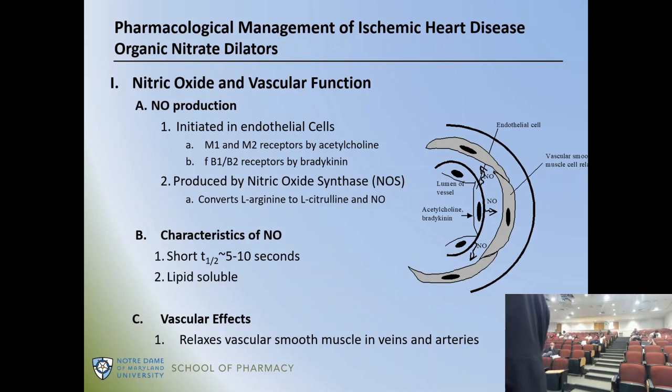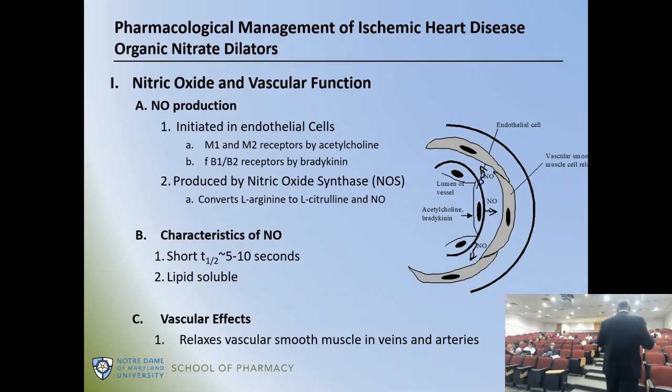We have the middle layer, which is comprised of smooth muscle cells that can constrict and relax and change the diameter of your arteries. And then we have that inner layer of endothelial cells. This empty space in the middle of the artery is referred to as the lumen of the artery. That's where the blood flows.